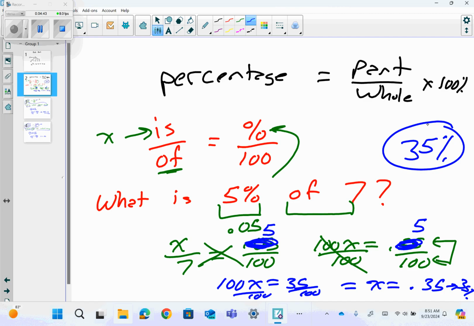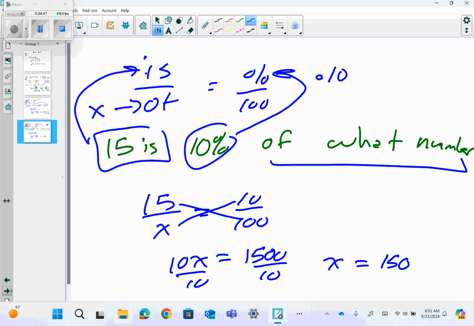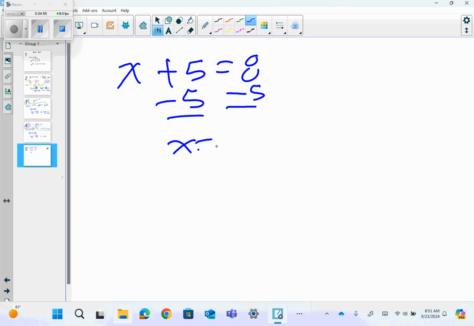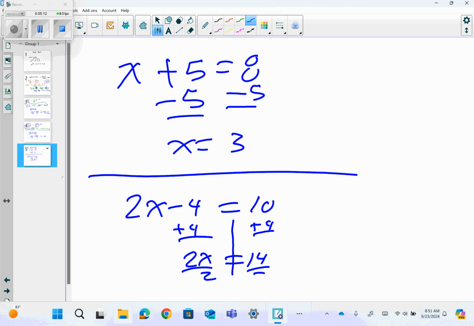Okay, so a couple other things I want to make sure you remember. If you had x plus 5 equals 8, you'd subtract 5 from each side of the equal sign. If I had a problem, say it was 2x minus 4 equals 10, add 4 to both sides first. So 2x equals 14, divide both sides by 2.